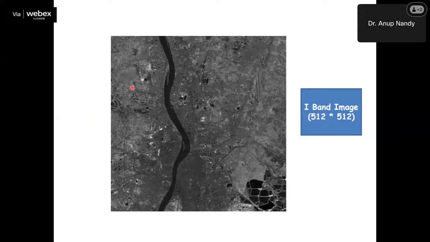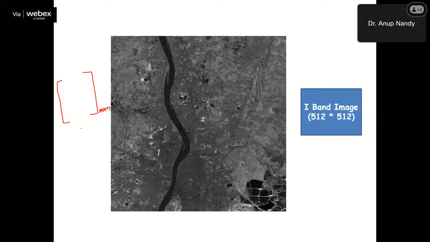When I say the image size is equal, let me just draw. Suppose this is an image. It is nothing but a 2-dimensional array, so I can define it as a 2D matrix. It has m cross n, that is, m rows and n columns.